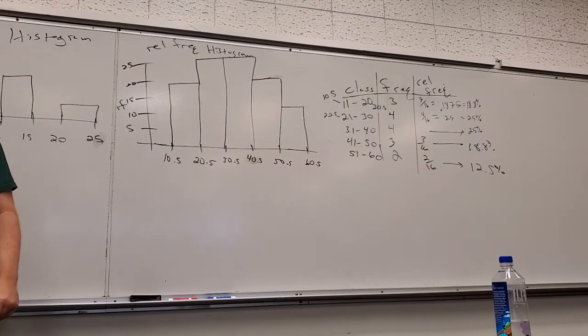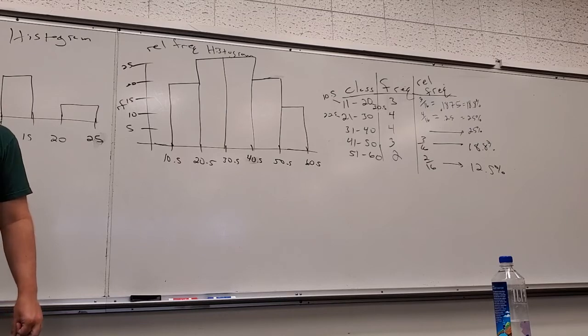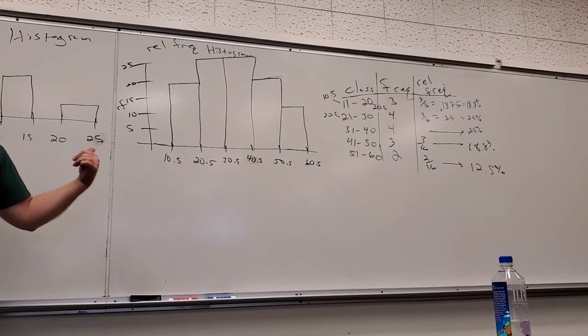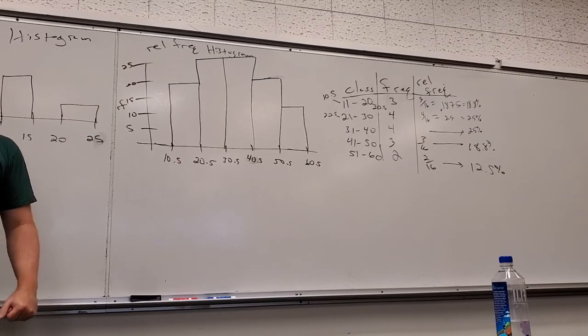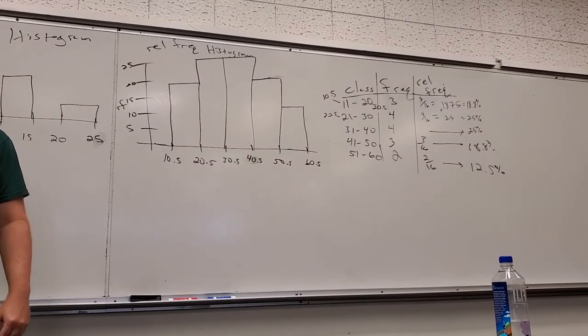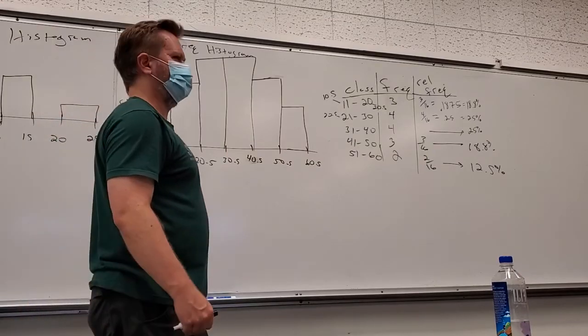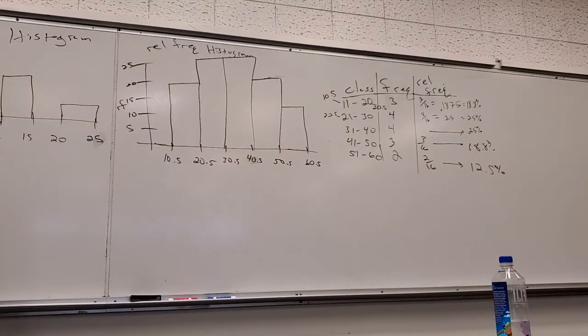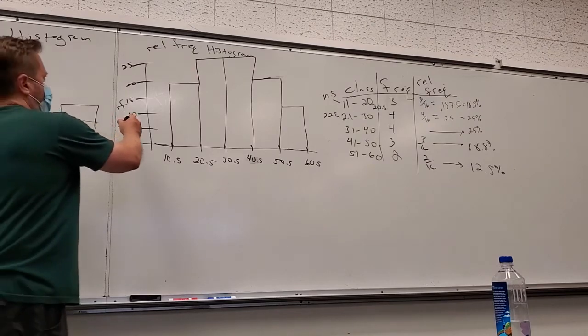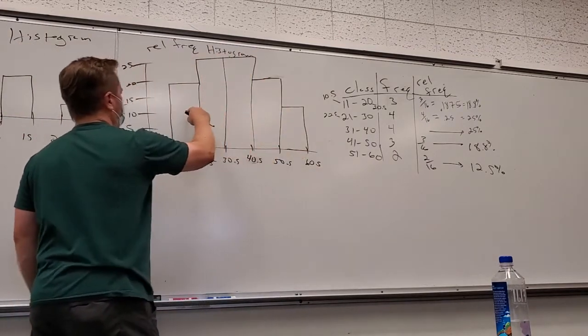Let's see if you guys know this. If you're being really lenient, is this loosely normal? Does anyone know what a normal curve is? Anybody ever heard of a normal curve or a bell curve? The bell curve you've heard of, maybe, right? So does this look roughly, maybe this side is bad.